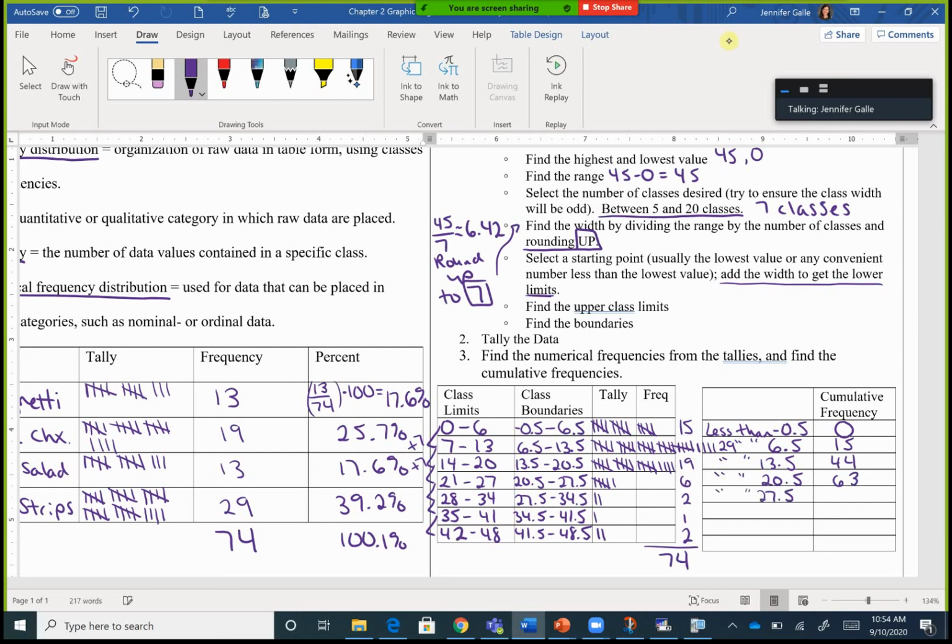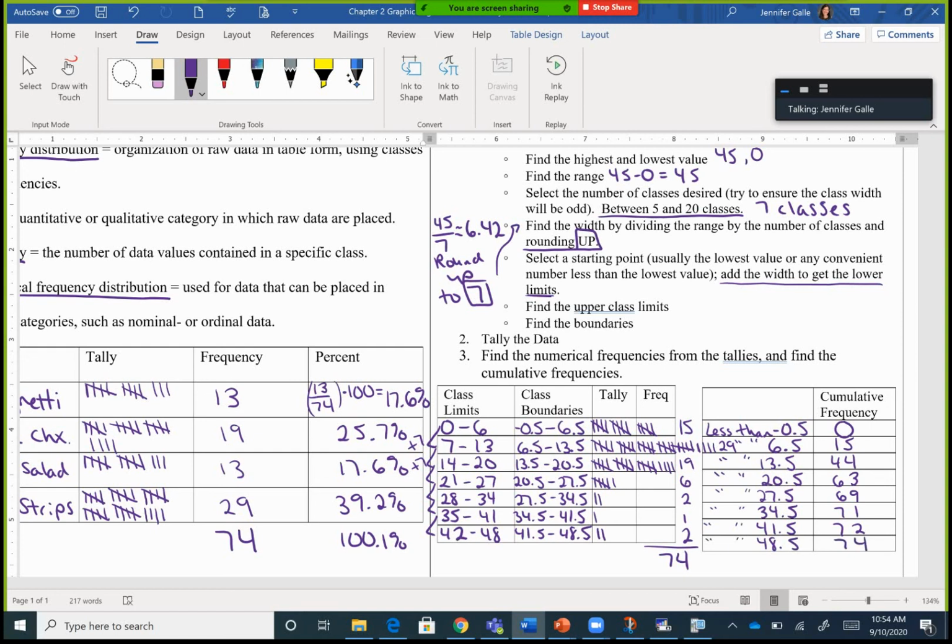We add on another 6. Less than 34.5. We add on another 2. Less than 41.5, we add on 1. And then finally, when you get to that last boundary, you should have all your data values accounted for.